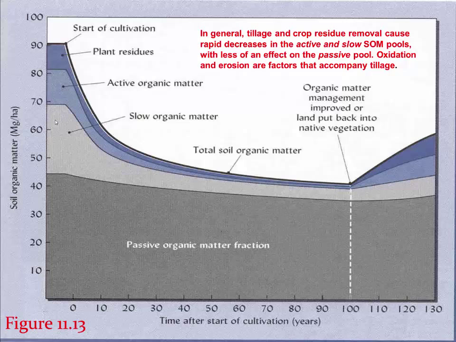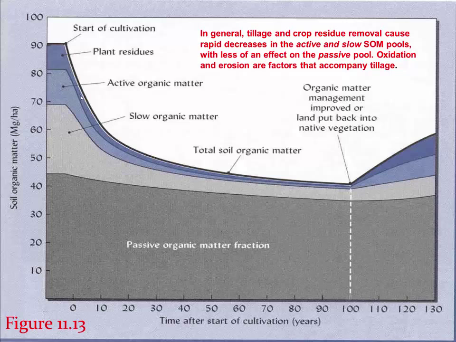So if we had an equilibrium level that had a certain amount of live tissue, active organic matter, slow, and passive, and we had an equilibrium level up here, and then we started cultivating. Well, we start to break aggregates open and start to really accelerate the decomposition.